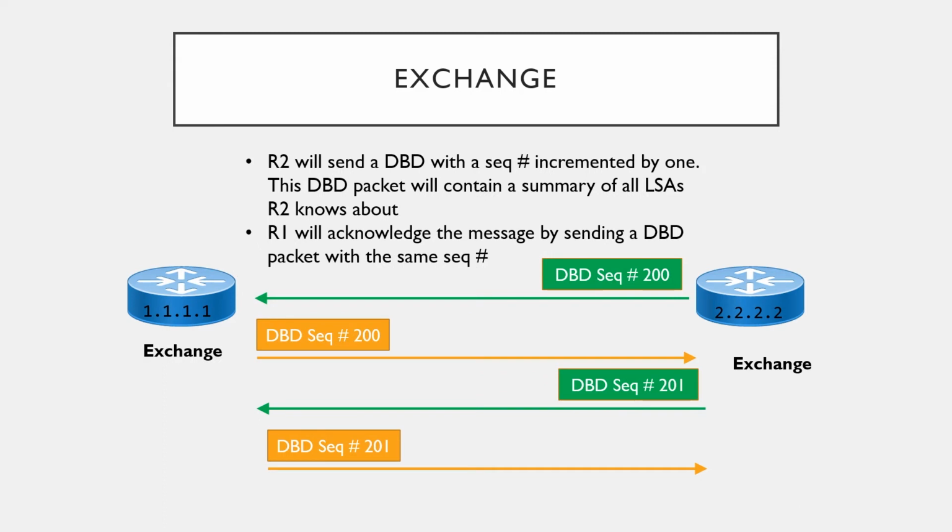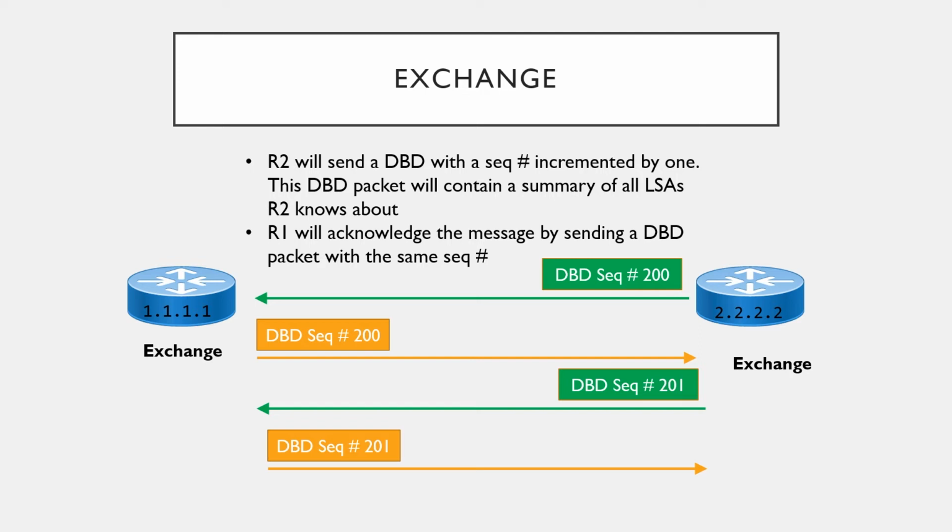So once R2 gets that packet back from R1 and sees that R1 has acknowledged his sequence of 200, he's going to increment the sequence number to 201, and he's going to send a new database descriptor packet to R1. And once again, within this packet, he is sending information about his link state database. So he's going to send a summary of all of his LSAs.